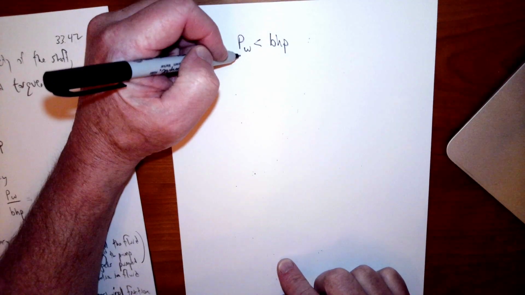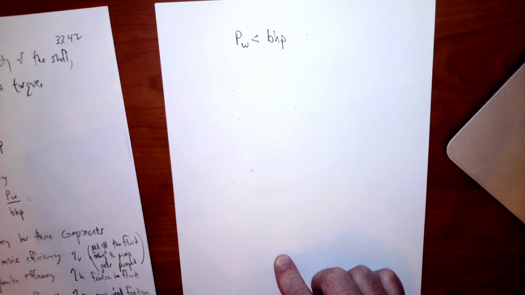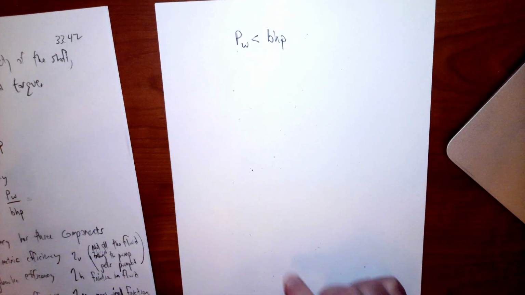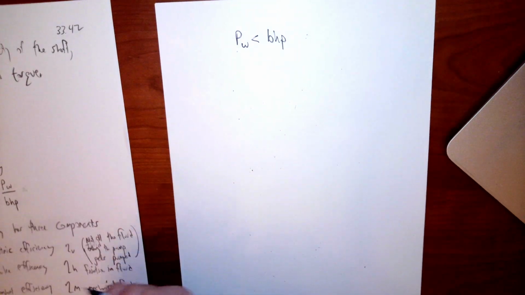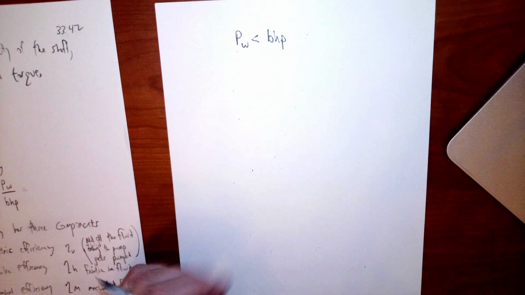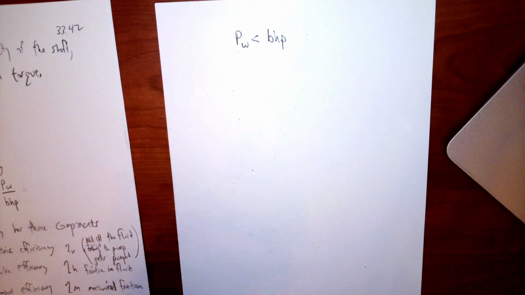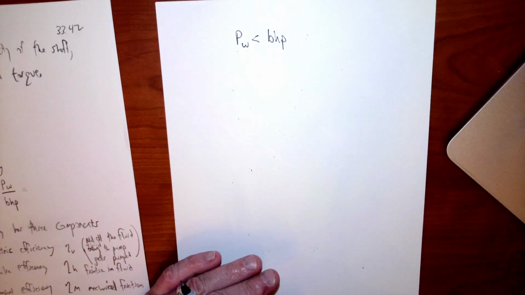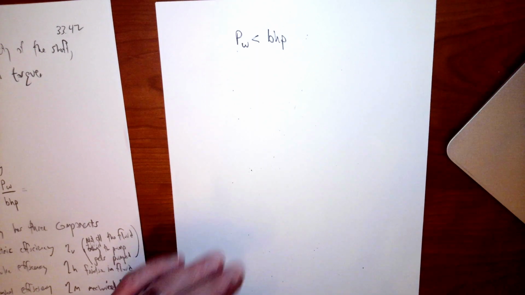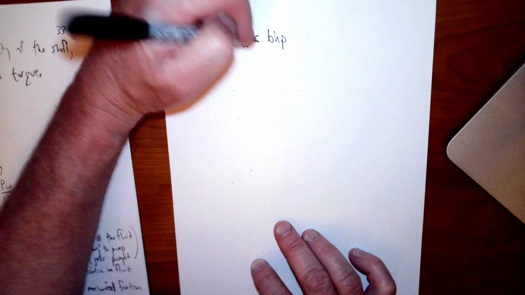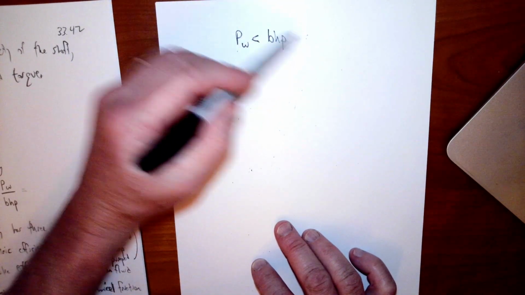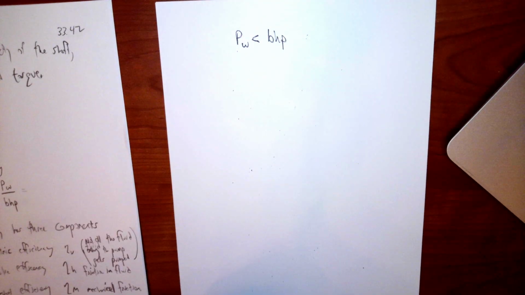So PW, the water horsepower, is the amount of energy that went actually into the fluid, and the brake horsepower is the amount of energy that went into turning the rotary shaft on the pump. And there's going to be losses because there's going to be friction again in the fluid that's going to just be lost as heat. And we're not doing temperature in this analysis, so we're going to lose some energy there, and we might lose energy to friction in the shaft as well. So we're going to have some friction losses there.